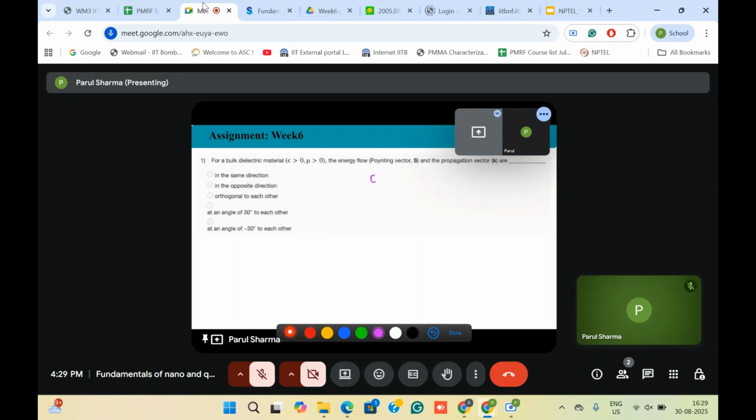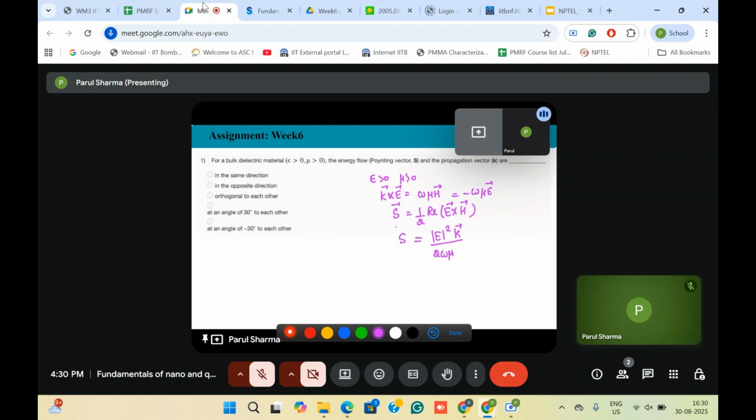Okay, so epsilon is greater than 0, mu is greater than 0. We saw that k cross E is equal to omega mu H, which is equal to minus mu E. S was 1 by 2 real part of E cross H, and here we had S equal to mod of B squared by 2 omega mu.